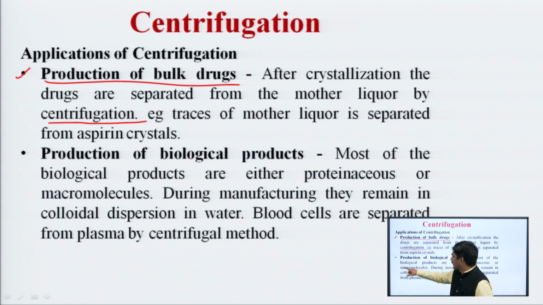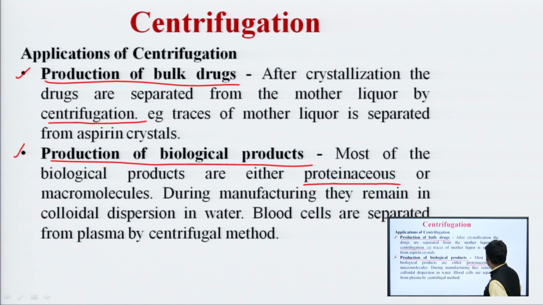Okay. Second application is production of biological products. Since most of the biological products are either proteinous in nature or macromolecules, due to this nature these biological products can be separated out by the application of the principle of centrifugation.